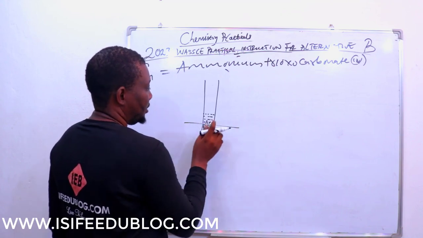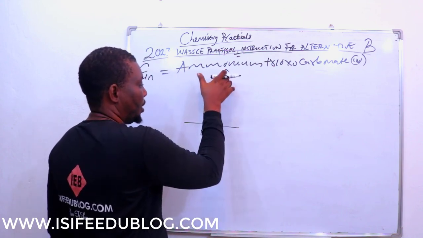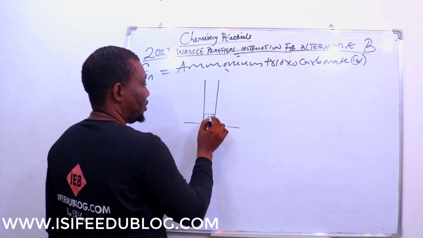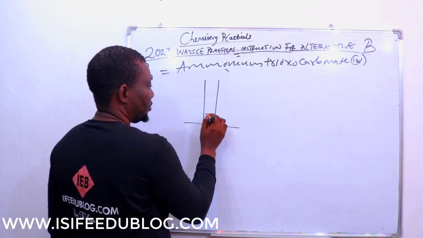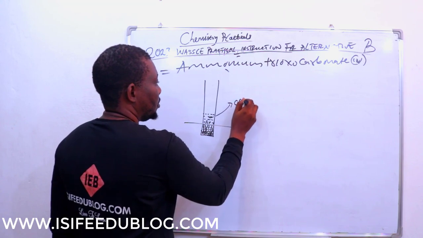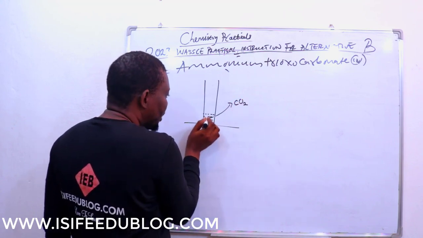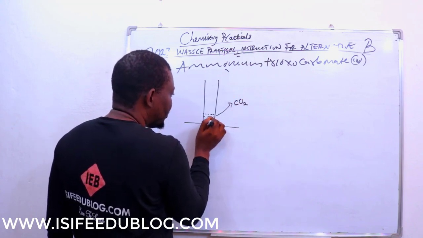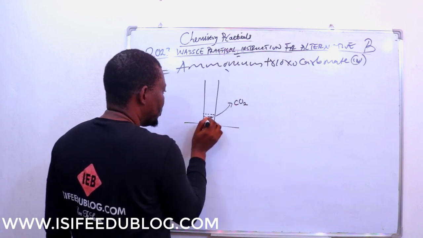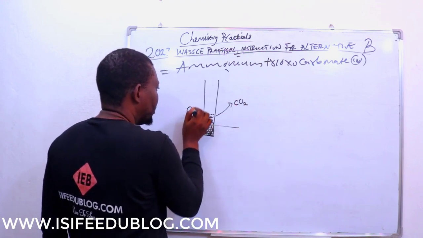Let's see the first part, which is where I'm testing for CO2. I want to identify CO2. So if I'm to identify CO2, that means here will be CO3 2-.